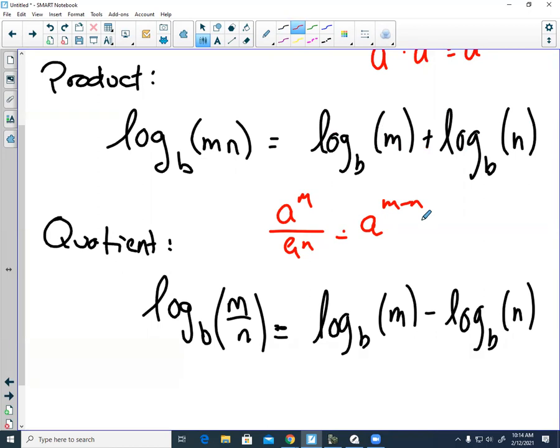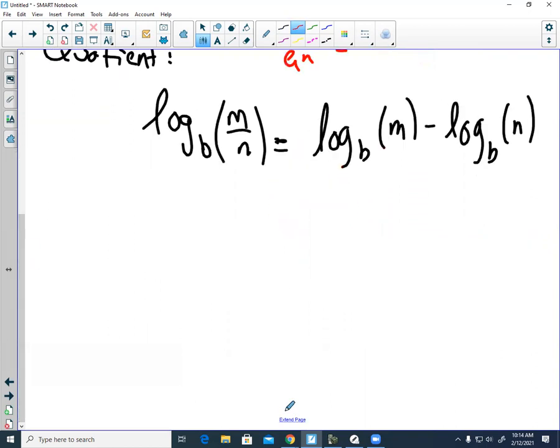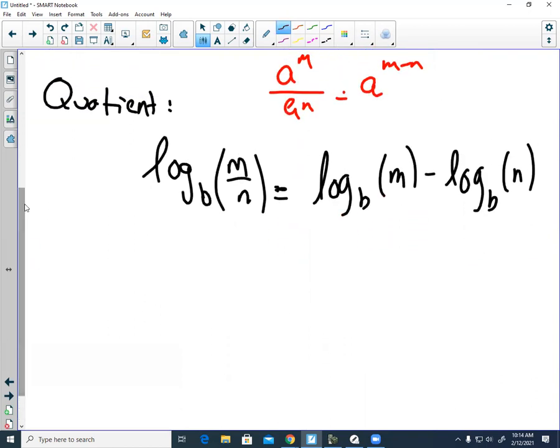All right, the last one is called the power property. If I have log base b of m to the n power, now when you have a power raised to a power, what do you do? You multiply. Same thing is going to happen here.